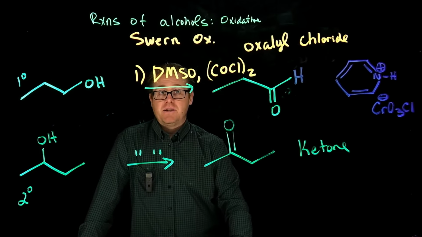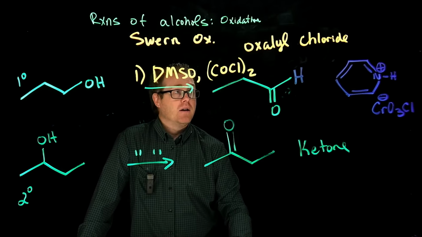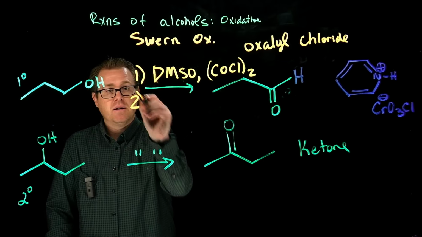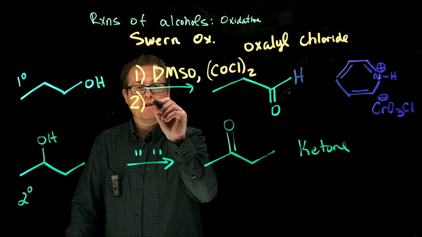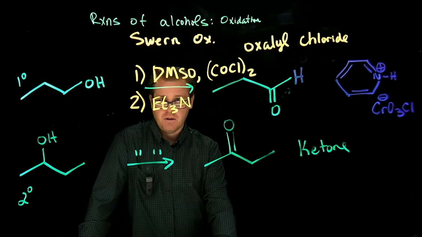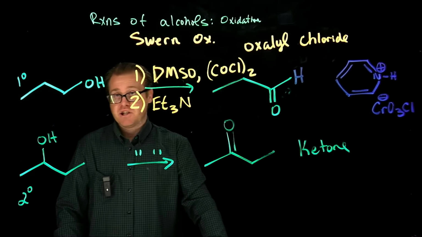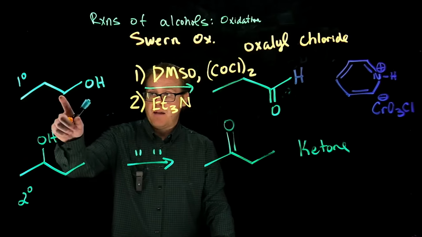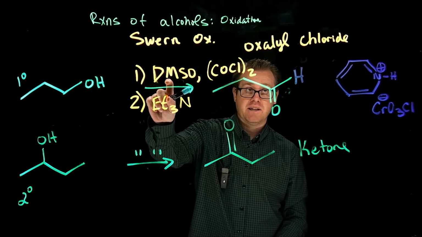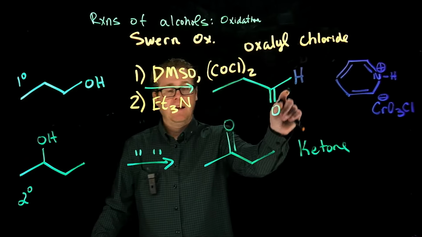So the first step is you take DMSO, oxalyl chloride, treat it with your primary alcohol, and then in step 2, you add triethylamine. When you use those conditions, and you take a primary alcohol and treat it with the Swern oxidation conditions, you generate the aldehyde.